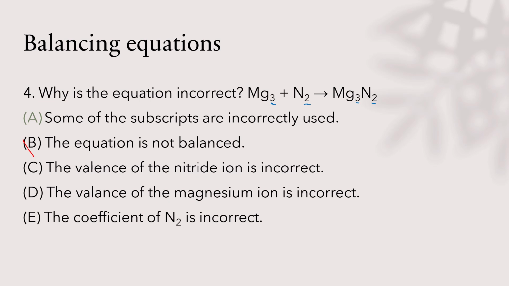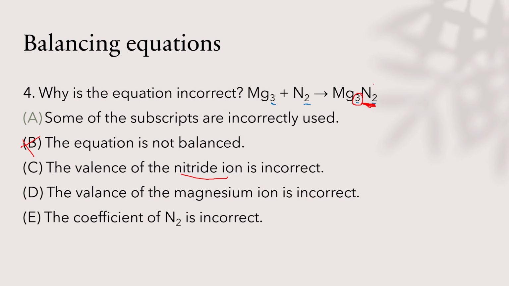C, the valence of the nitride ion is incorrect. What they mean by the valence of the nitride ion, we're looking at the nitride ion, so it would be the nitrogen that's in a compound, because that's when it would form an ion because it's with a metal. To figure out if the valence of the nitride ion is incorrect, we're looking at the subscript on magnesium, because that's the crisscross method, right?